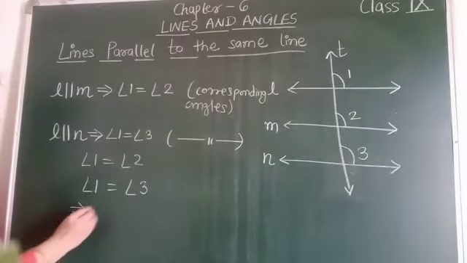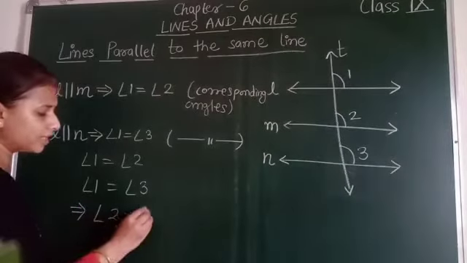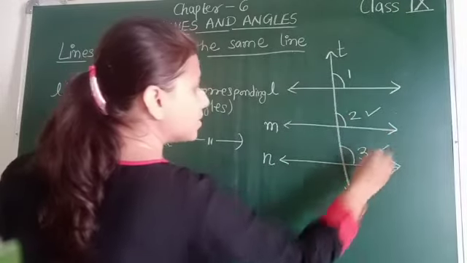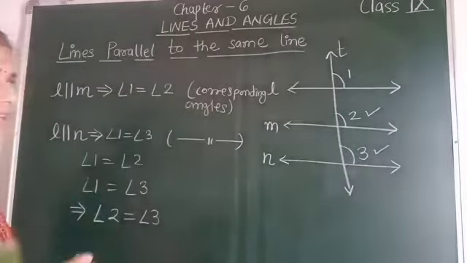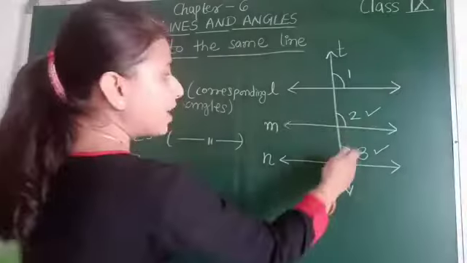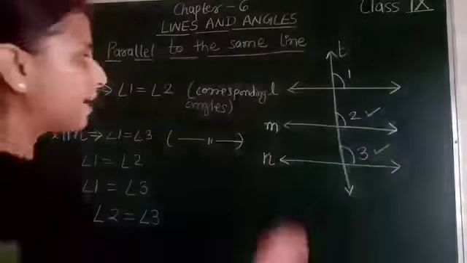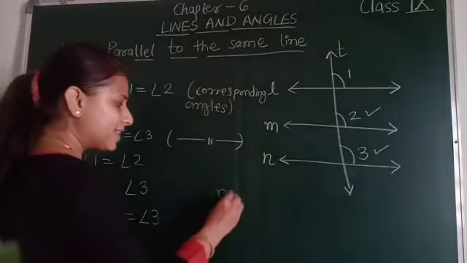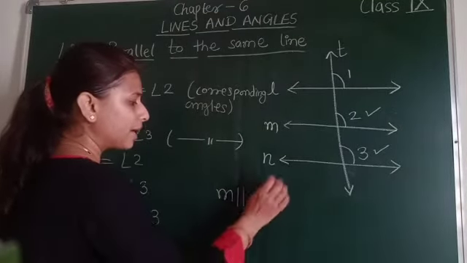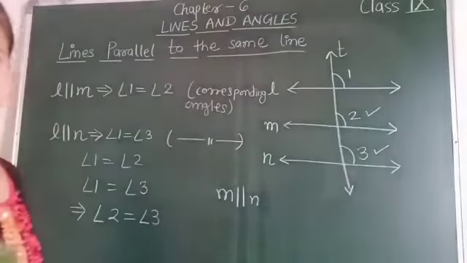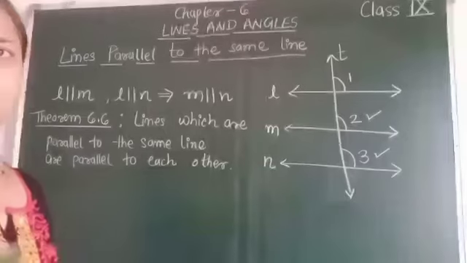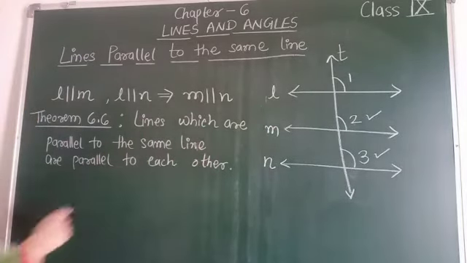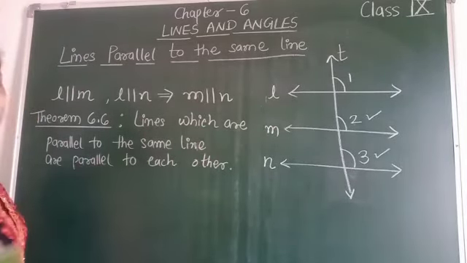This implies that angle 2 will also equal angle 3. And as we learned, when corresponding angles are equal, then the lines are parallel to each other. So in that case line M will also be parallel to line N. And what will be the statement for that? The statement will be: lines which are parallel to the same line are parallel to each other.